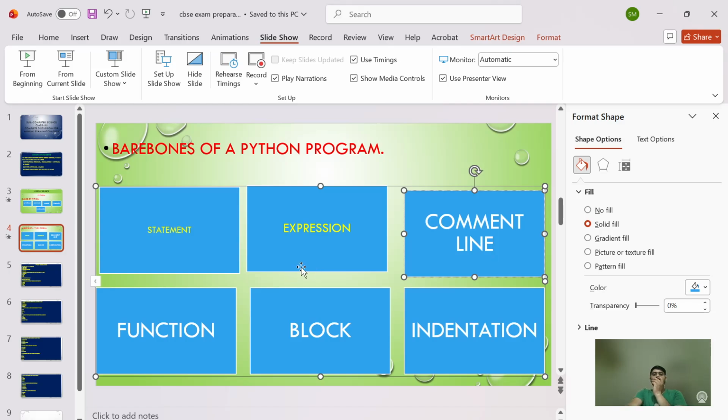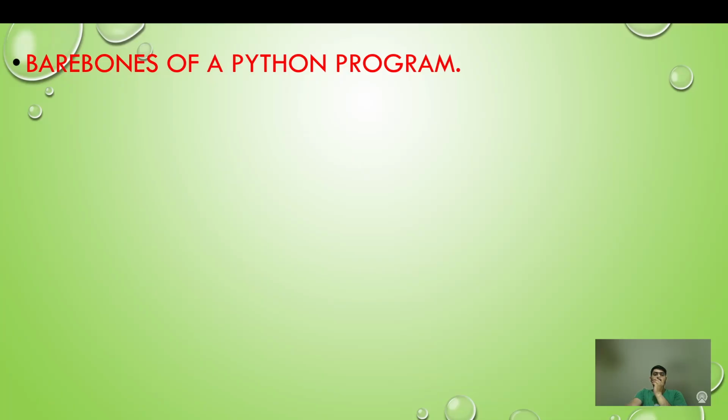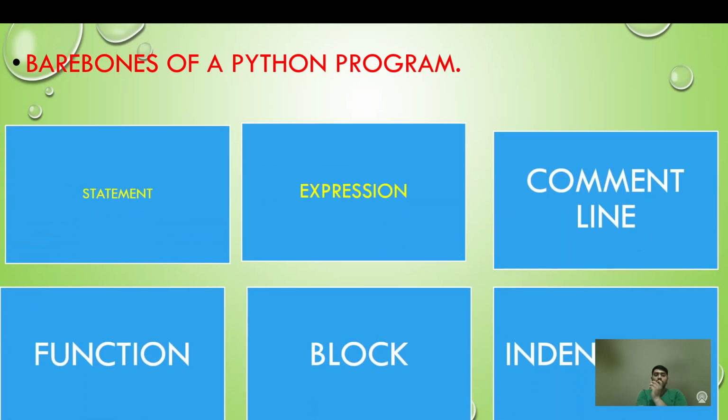So in the program we are having statement, expression, comment line, function, block, and indentation. So how do we know which one is statement, which one is expression, which one is comment line, which one is function, block, and indentation?